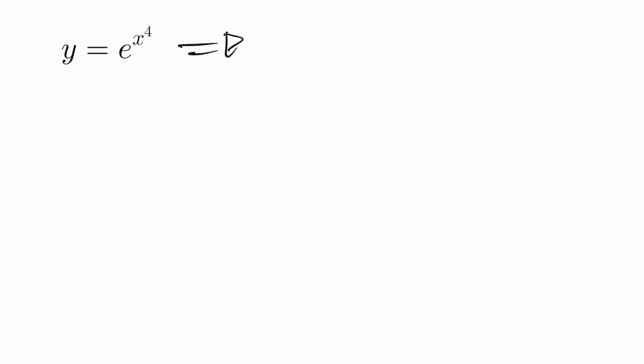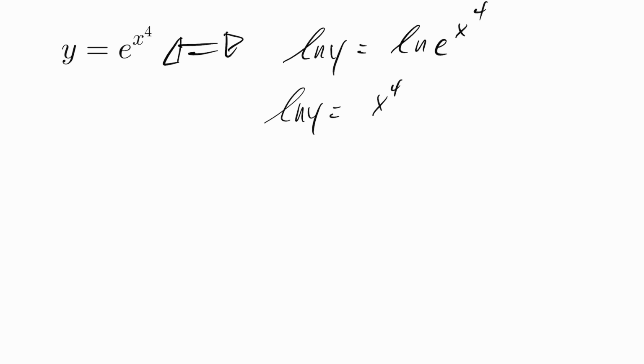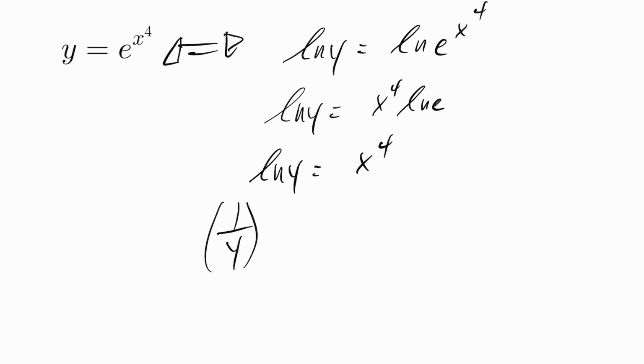Okay, same idea here. We're going to go ahead and take the ln of both sides. So I get ln of y is ln of (e to the x) to the power of 4, in which case I get the ln of y is x to the power of 4 times ln of e, as the ln of e is 1. Taking the derivative of both sides with respect to x, you get 1 over y times y prime is 4x cubed.